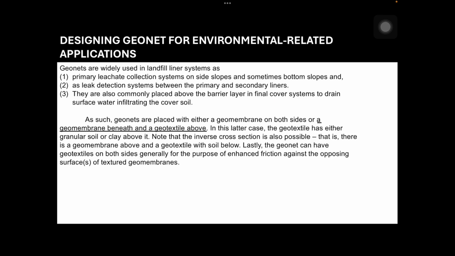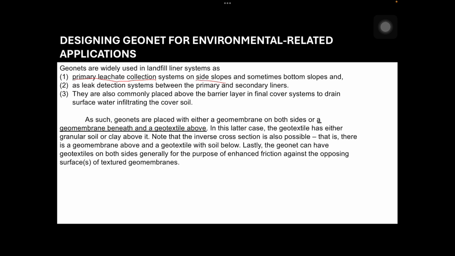Okay? And then sabi na natin, theta is transmissivity. And then designing geonets for environmental related applications. Geonets are widely used in landfill liner system as function niya as primary leachate function.